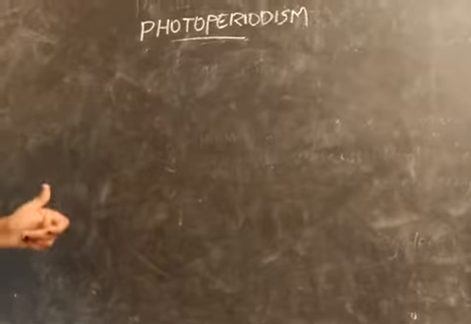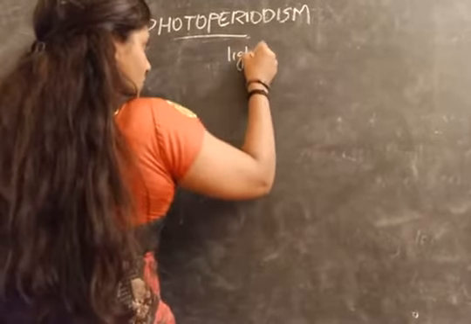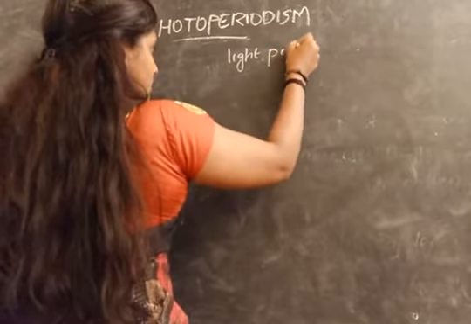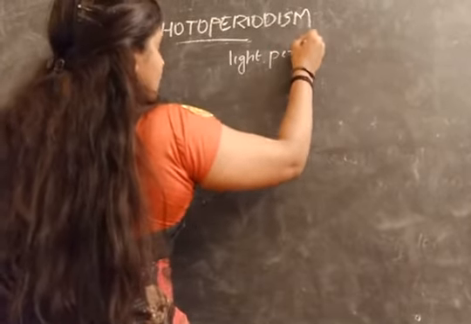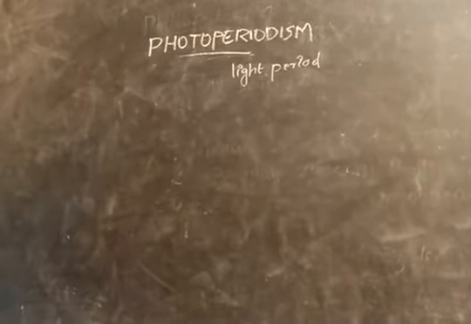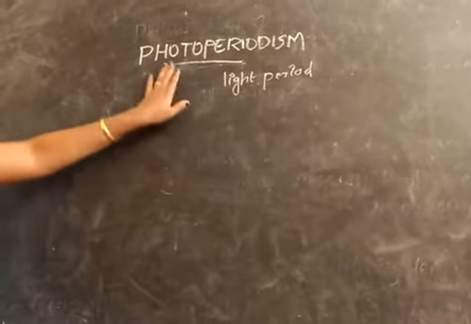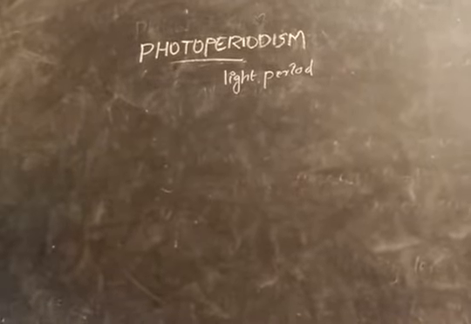So, flowering is controlled by light period, called photoperiodism, and also by temperature, called vernalization. First, we are discussing flowering controlled by light period, called photoperiodism.